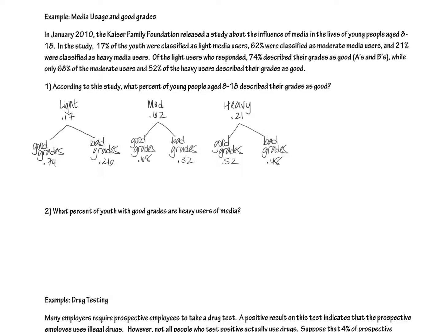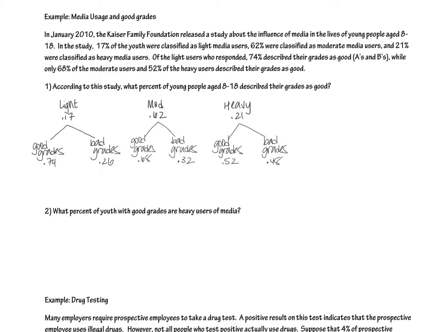So here's the finished product of my tree diagram. And so remember that you're also given other information that isn't stated here in the problem. So we do have our first three percentages, light, moderate, and heavy. And when you add those together, they do equal 100% because we don't have an other category for this in terms of media users.